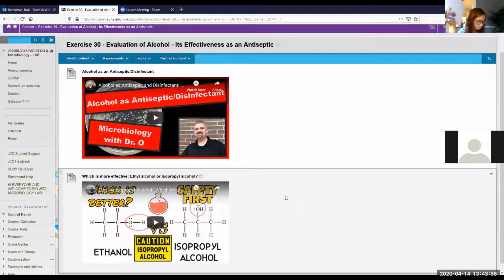That has to do with antibiotic sensitivity testing and evaluation of antiseptics and disinfectants and hand washing, or effectiveness of hand washing, hand scrubbing. So you might see a question or two just basically on procedures, materials, and methods related to those 3 exercises.